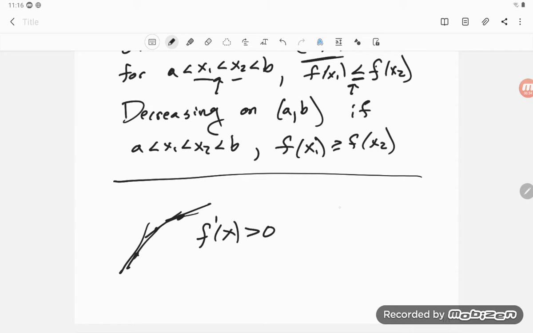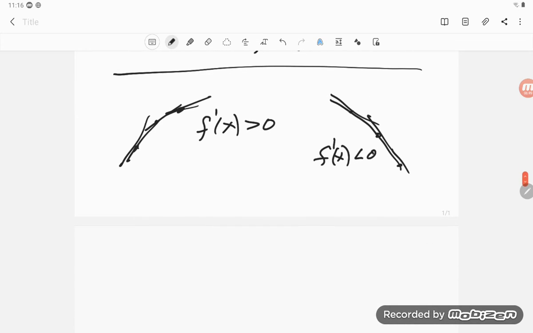And then similarly here, if we've got something that's decreasing and I start looking at tangent lines, those tangent lines have negative slopes, and so f prime of x is less than 0. Okay, so here we have increasing and decreasing.